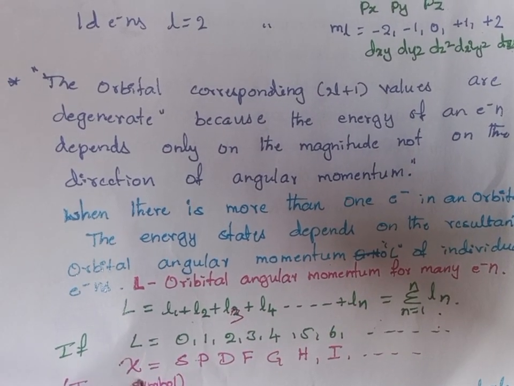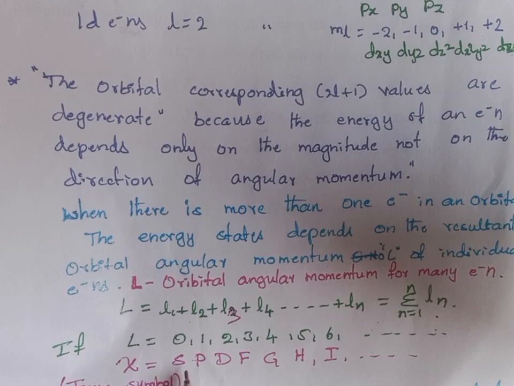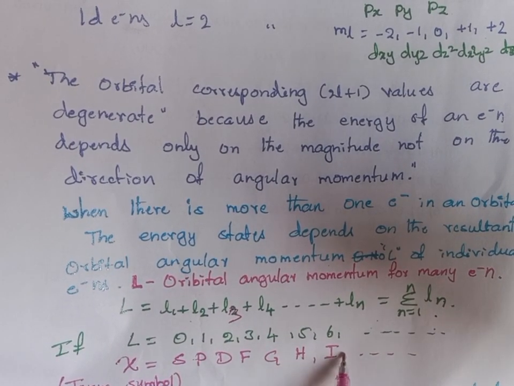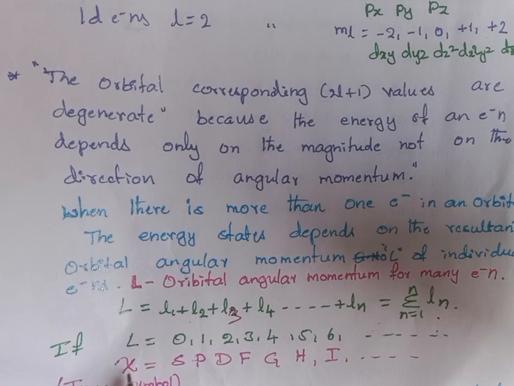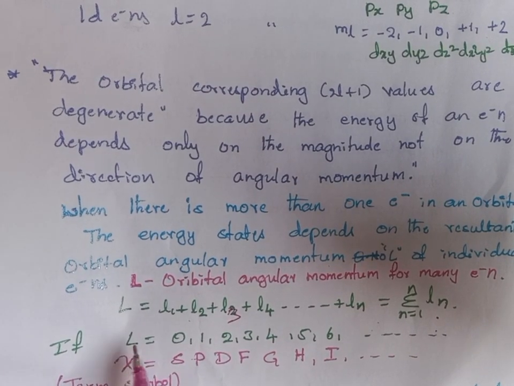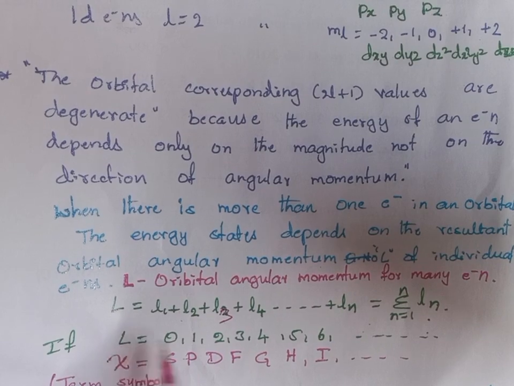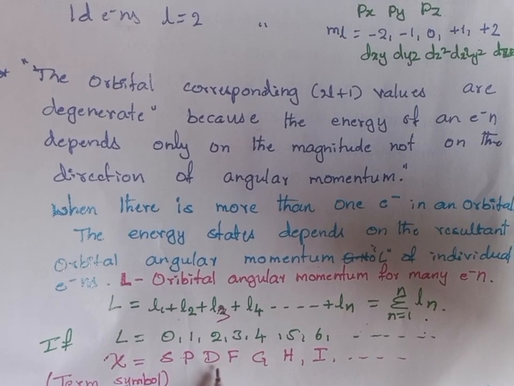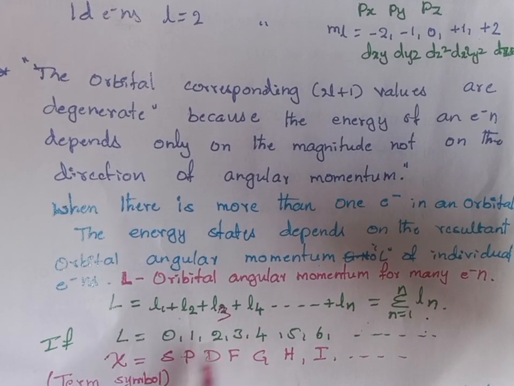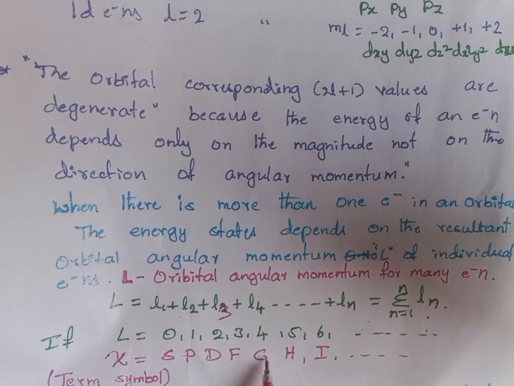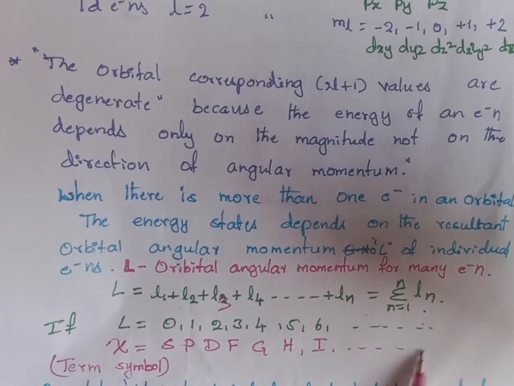The term symbol can give symbols like S, P, D, F, G, H, I. If L equals 0, the term symbol will be S. If L equals 1, it will be P. If L equals 2, the term symbol will be D. If L equals 3, it will be F. If L equals 4, it will be G, and so on.